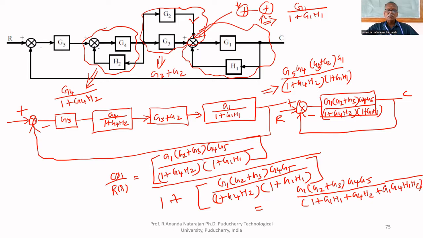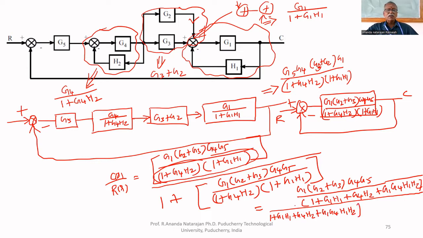I expanded this part. Upon, if you take LCM of this, what you will get? 1 plus G1H1 plus G4H2 plus G1G4H1H2.